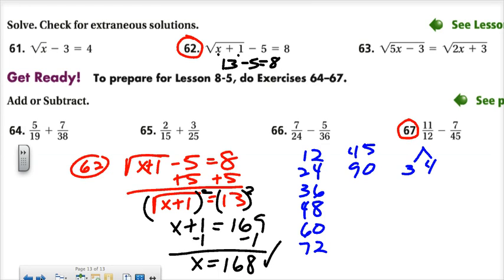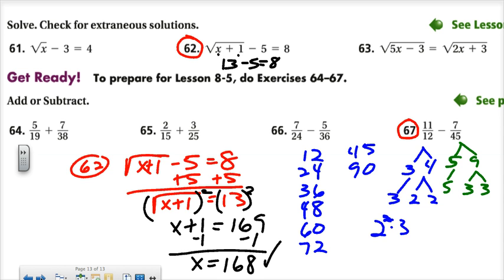So 12 is 3 times 4, and then 4 is 2 times 2. So as the prime factorization, that's going to be 2 squared times 3 for 12. Then for 45, most people will think of 5 and 9 right away, and then 5 would be 5, but 9 would be 3 and 3. So that's going to be 3 squared times 5.